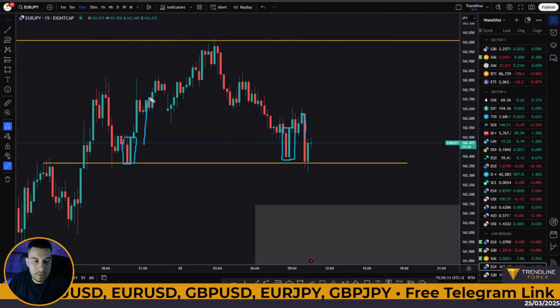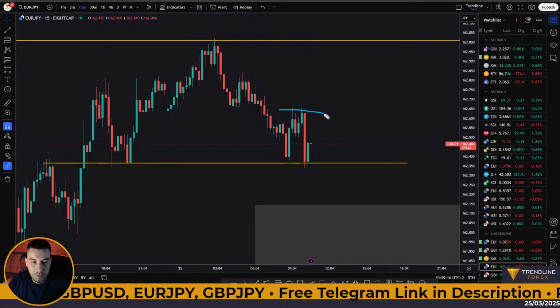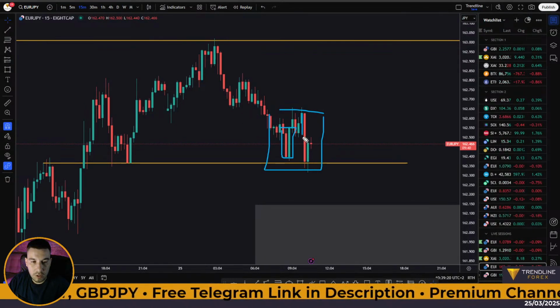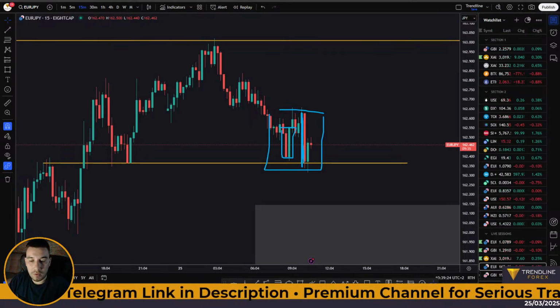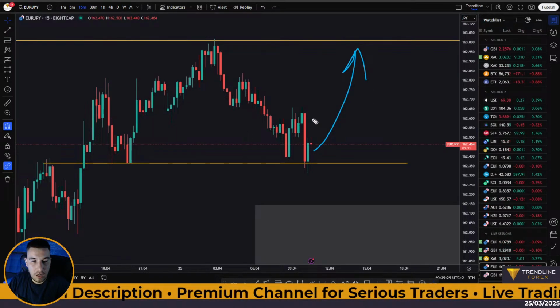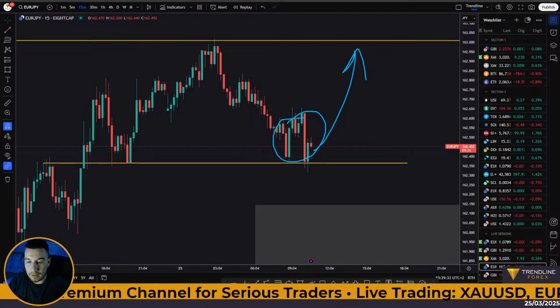I want to see price gaining momentum immediately. And if you look at this last bit of price action right here, we pulled back into this order block, but instead of that, we had a strong bearish momentum candle. So even if we see price pushing up, I wouldn't be looking for an entry just based on that.